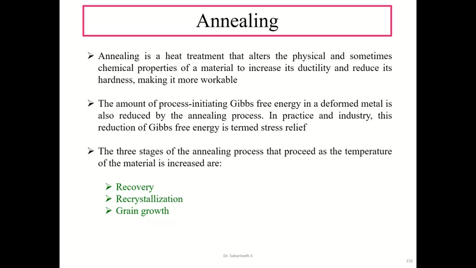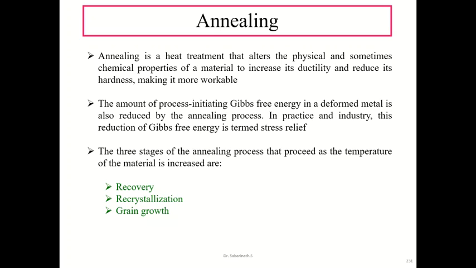The amount of process-initiating Gibbs free energy in a deformed metal is also reduced by the annealing process. In practice and industry, this reduction of Gibbs energy is termed stress relief.